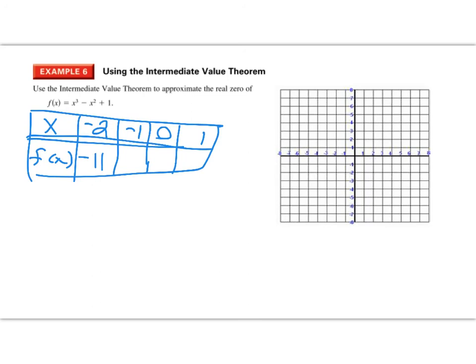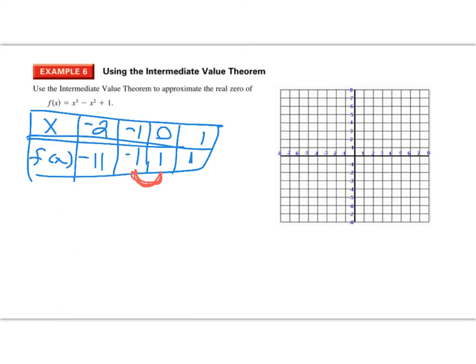If I plug in -1, I've got a -1. If I plug in 0, I've got a 1. So what that tells me right now is in between here, there is an x-intercept because I go from a negative y value to a positive y value. And then if I go ahead and plug in 1, I get 1.